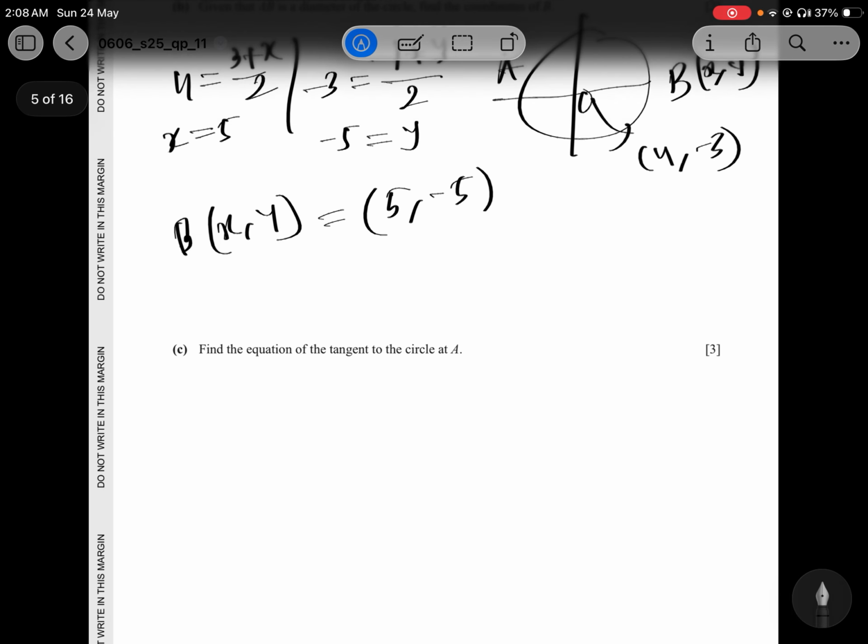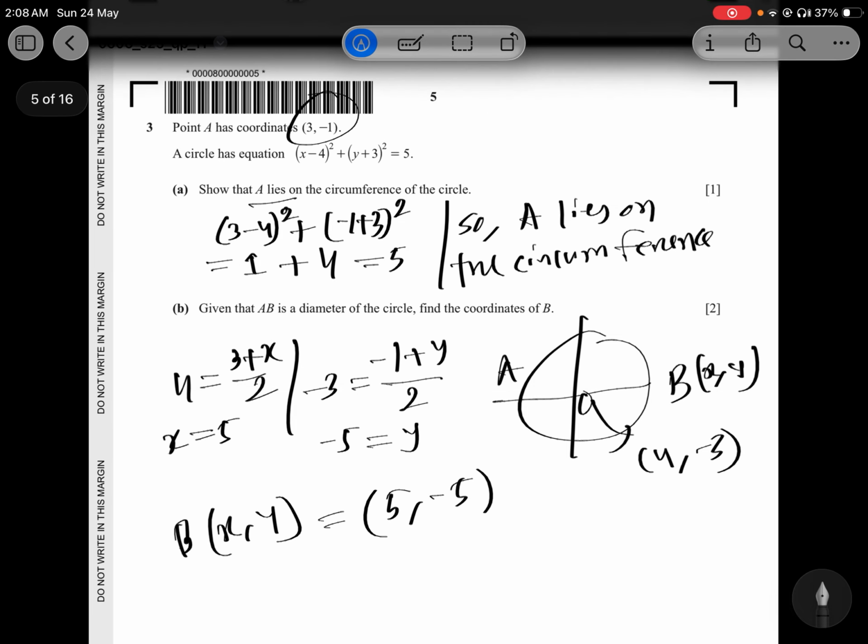Find the equation of the tangent to the circle at A. Tangent. Actually, the normal of AB is the tangent at A, right?